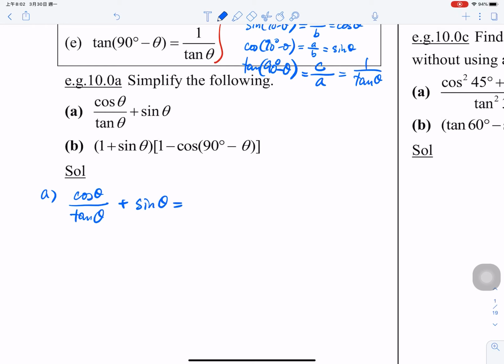Do you remember how to do this kind of question? Cosine theta divided by tangent theta, plus sine theta. And you will see that tangent theta, we can change it to sine over cosine.